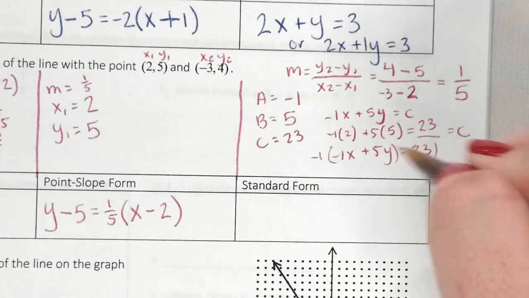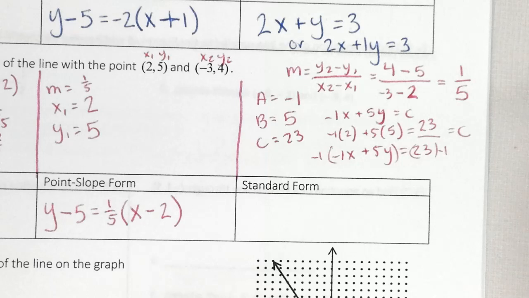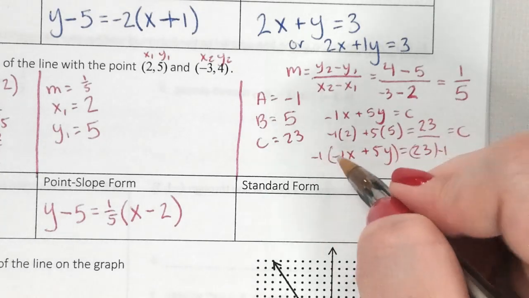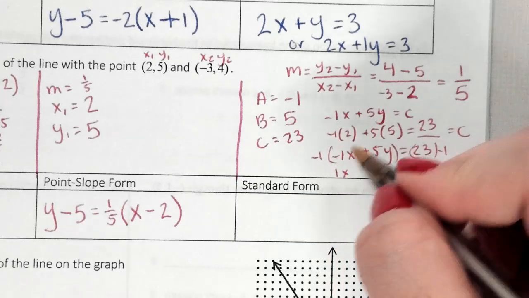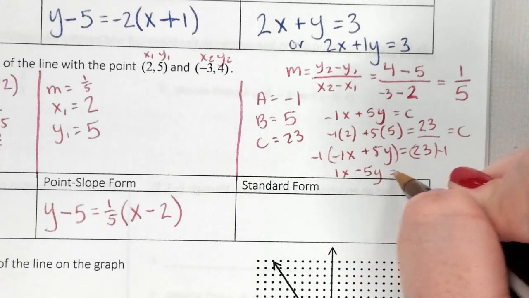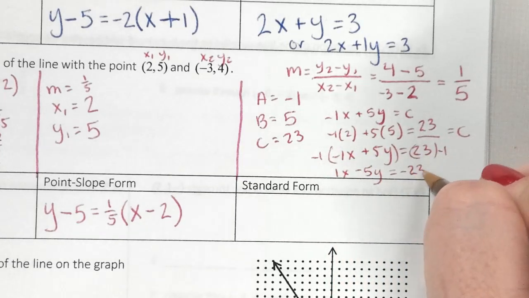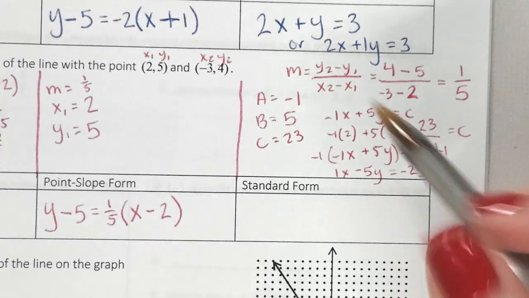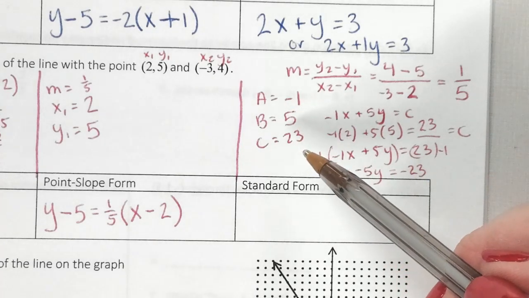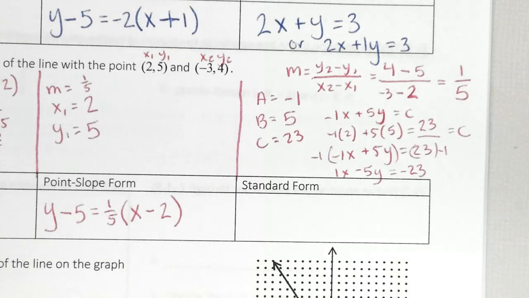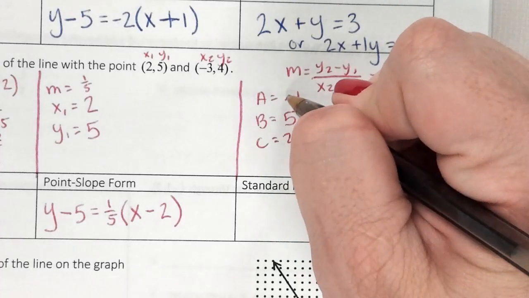And what I do to one side, as long as I do it to the other, it's still equal. And don't two negatives make a positive? So that would become positive 1x minus 5y equals negative 23. But could you just look here and make them all opposite? Yeah, what's the opposite of negative 1?